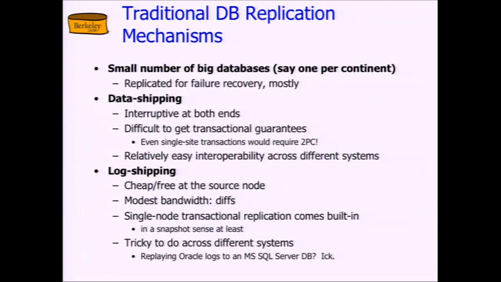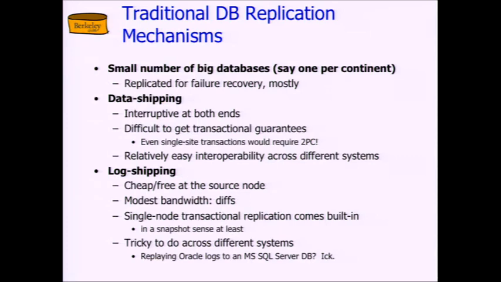You've got to reverse engineer a commercial database's log, figure out what it's doing, and map it to another commercial database's roll-forward logs. And they don't even necessarily have the same semantics. Oracle's doing snapshot isolation, and DB2's doing serializability. It's a mess. So this is really hard to pull off across systems. So log shipping is super fast. It's nice and transactional, but you need to get into the guts of these logs and the semantics of the transactions of the two systems. All right?